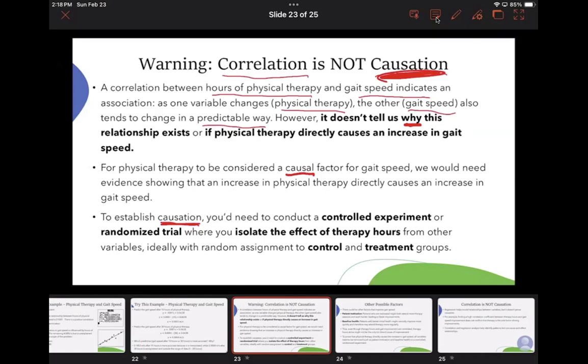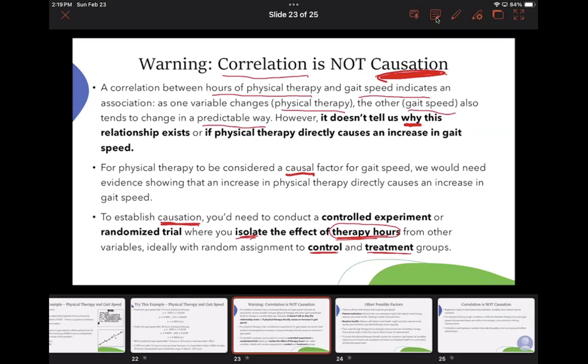And when you do a controlled experiment, you are isolating the effect of therapy hours from other variables. So the only variable that is being affected in a controlled experiment is the hours of therapy. And ideally, when you do this kind of experiment, you have a control group and a treatment group, and you carefully control all other factors and make sure nothing is changing except hours of physical therapy.